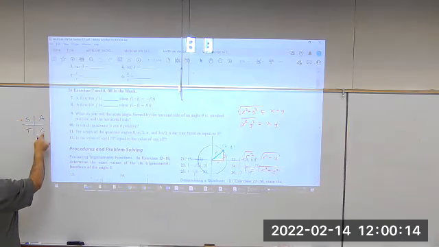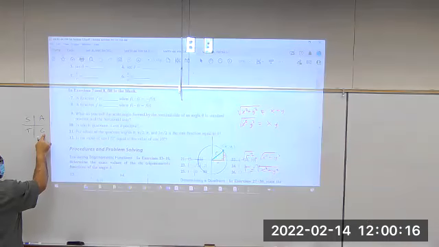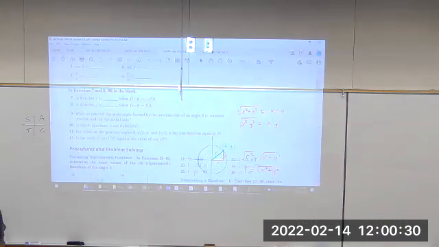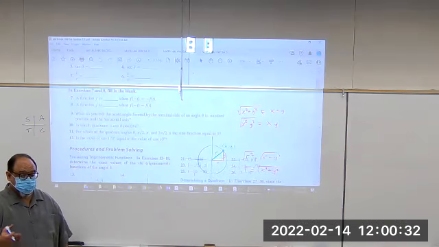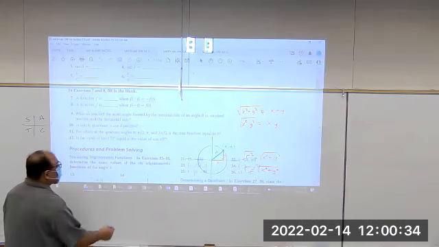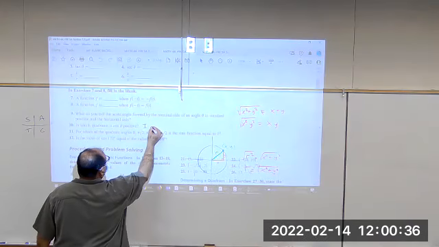In quadrant 4, cosine and secant. So what quadrant is cosine positive? Quadrant 4. Oh, thank you. Quadrant 1, I guess I was not thinking. Positive in quadrant 1. And whenever you're asked a question and the answer is a quadrant, the answer needs to be Roman numerals.